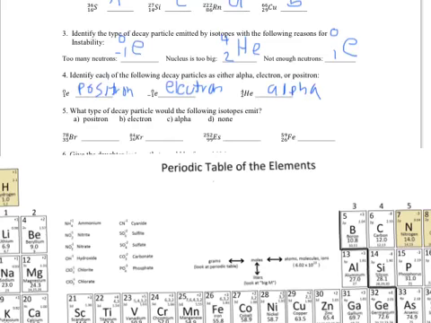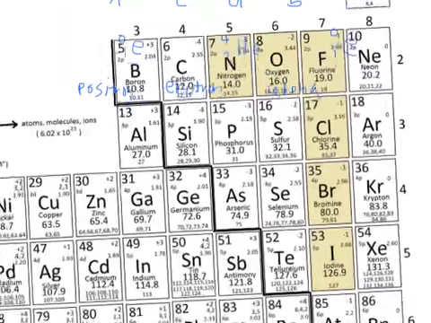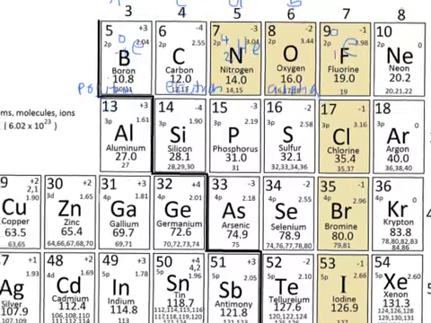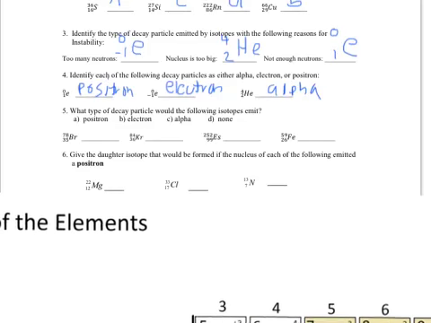So let's find bromine, in case you had a hard time finding it. It's over here. It is one of the halogens. Let's make it a little bit bigger here. What we're trying to find is bromine 78.